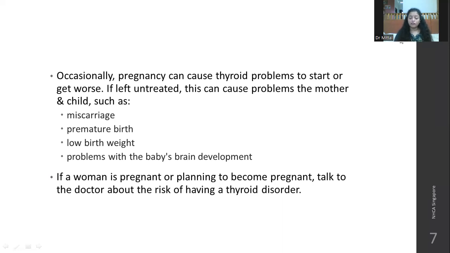Some IVF treatments involve certain hormones. If the woman was finding it difficult to conceive, she may have been on a lot of hormonal therapy before conceiving. That could also lead to a pregnancy which has some turbulent thyroid issues. If it is left untreated, it can cause problems to the mother and the child as well.